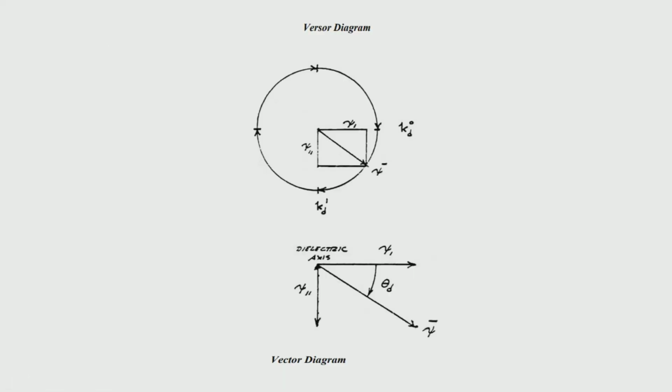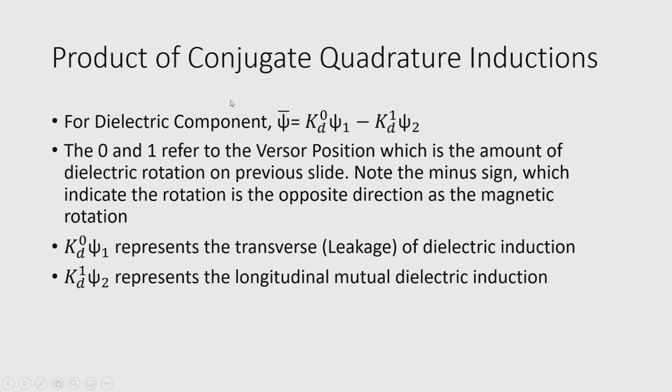Now, same sort of deal with the dielectric field. So we have psi 2 going in the imaginary axis, psi 1 going in the real axis. And the equation for this is going to be your KD0 psi 1, which is our transverse leakage, and then you have minus KD1 psi 2, which is going to be your longitudinal mutual dielectric induction.